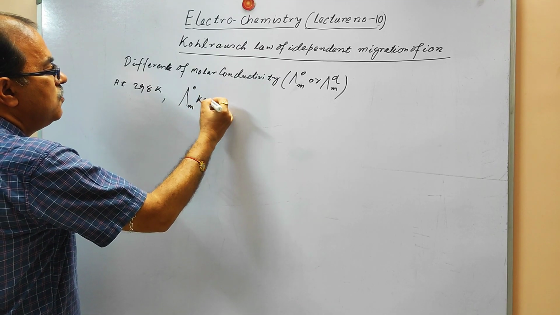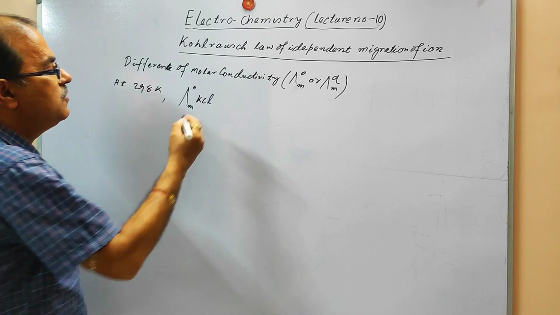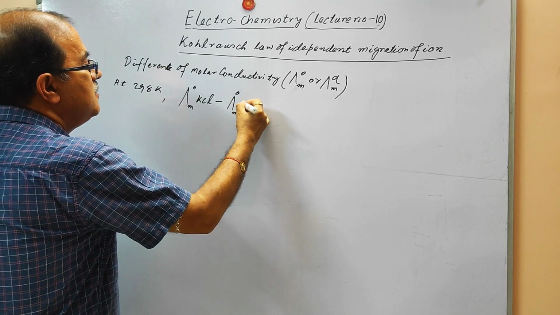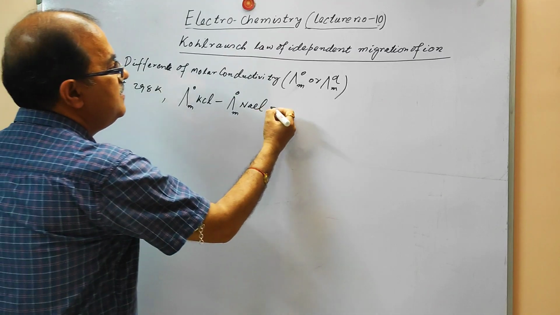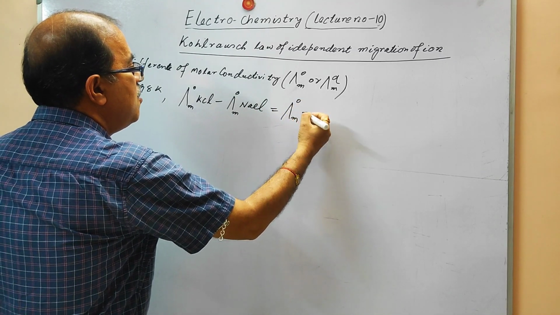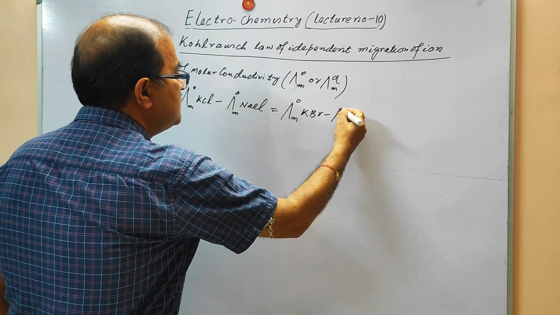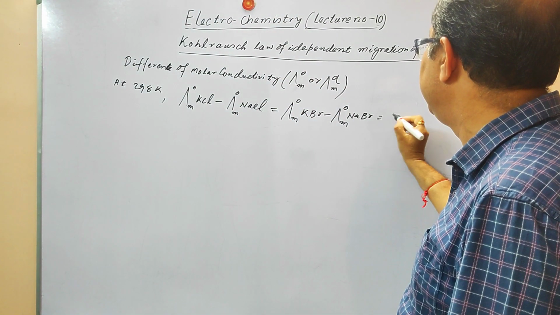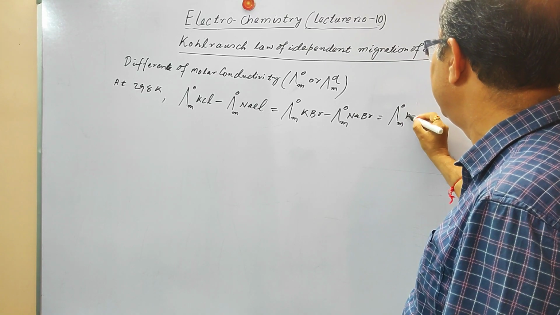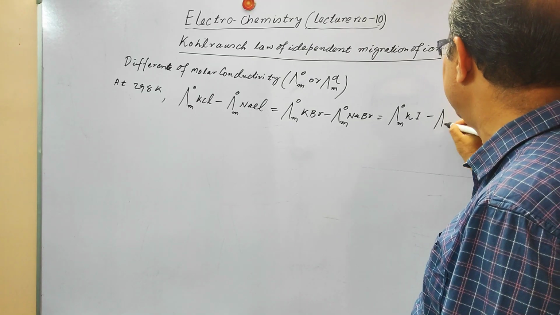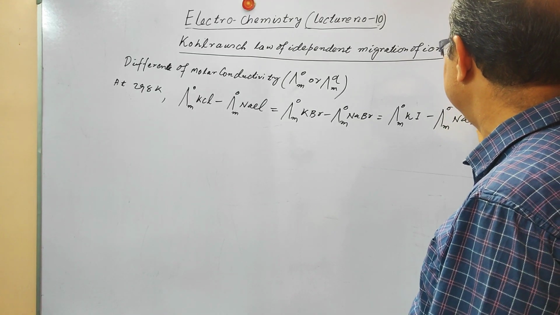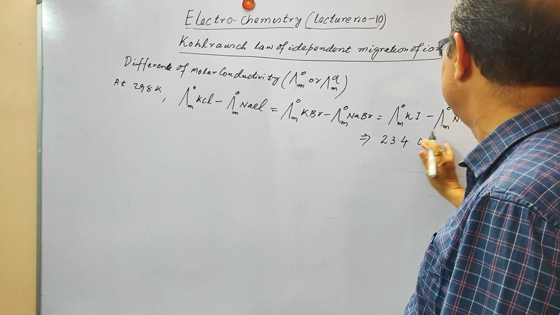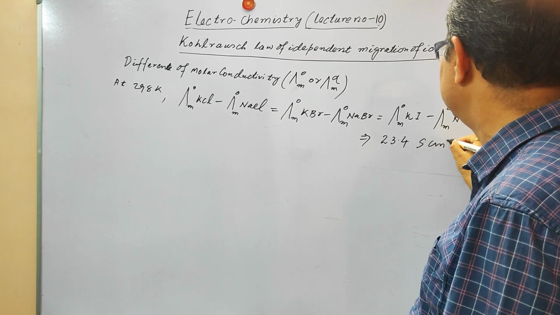The difference of molar conductivity at infinite dilution of KBr minus NaBr is the same as that of KI minus NaI, and its value has been determined: 23.4 centimeter squared Siemens per mole.